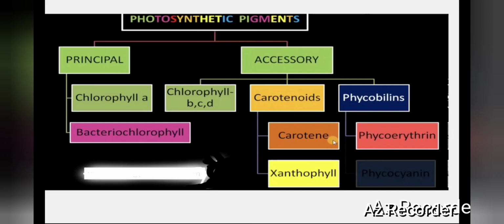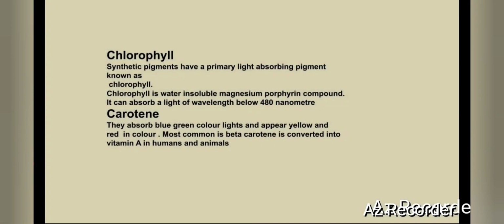The carotenoids are again categorized into carotene and xanthophyll. Phycobilins are divided into phycoerythrin. So it's very clear from the chart which photosynthetic pigments work in the plant.